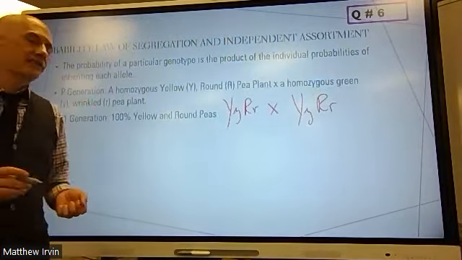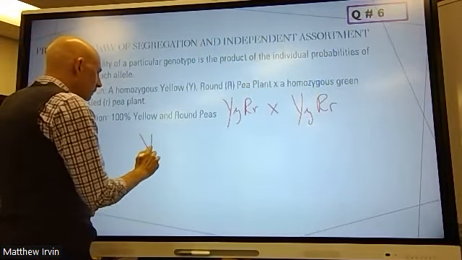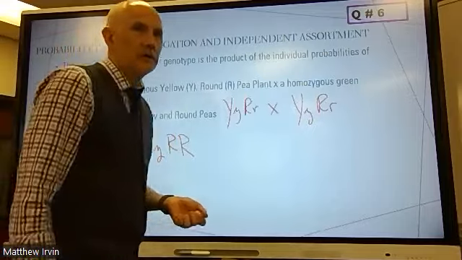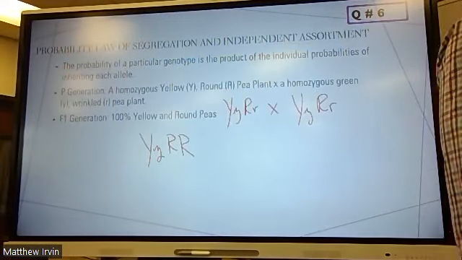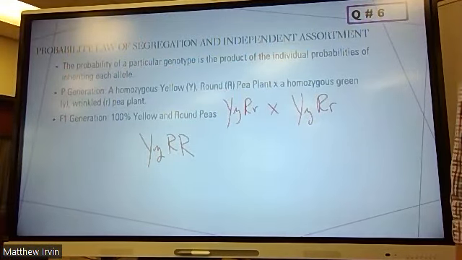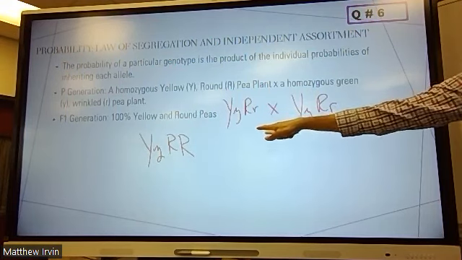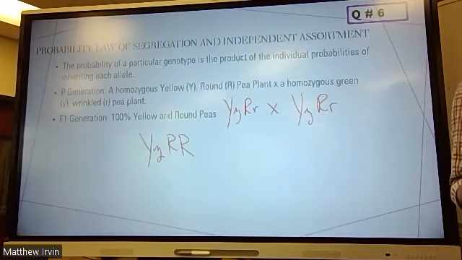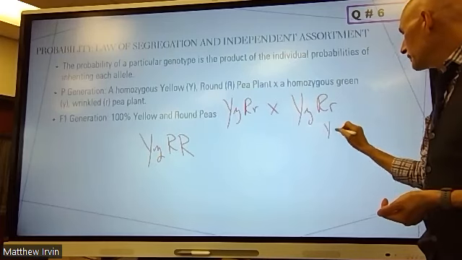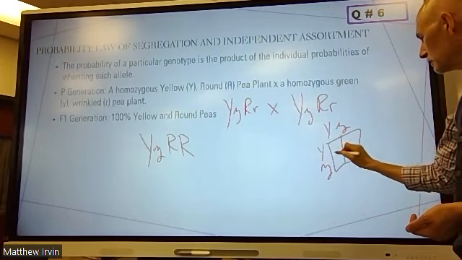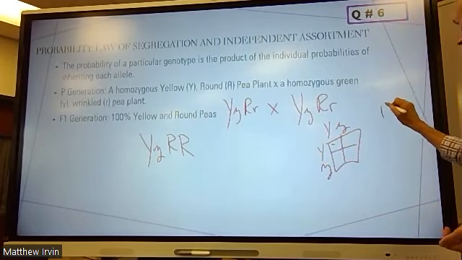If they ask for the probability of getting big Y, little y, big R, you can do the entire dihybrid cross and count up how many of those there are out of 16. Or we can just use simple probability, knowing that big Y, and we just do our simple monohybrids. And we do.